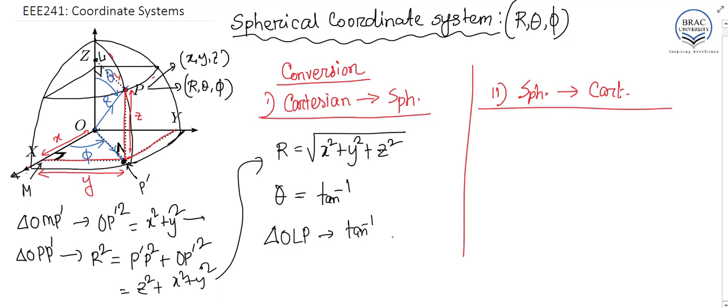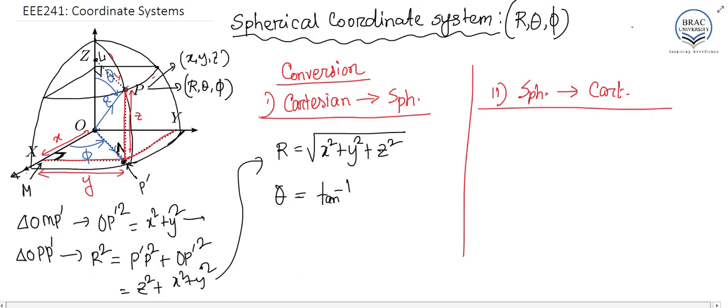And tan inverse LP divided by OL equals theta, right? But LP is just the same as OP prime, right? So that gives us tan inverse root over x squared plus y squared, and OL is just the elevation of the point P from the xy plane, so this is z.